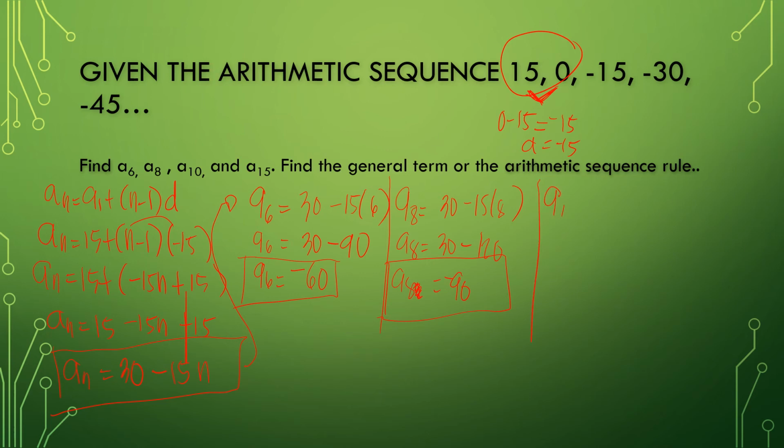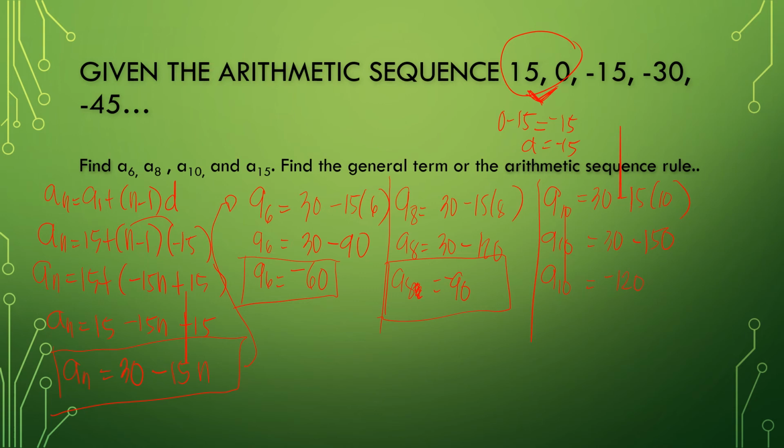For your 10th term, this is equal to 30 minus 15 times 10. So, a sub 10 is equal to 30 minus 15 times 10. This is 150. a sub 10 is equal to 30 minus 150. That is negative 120.